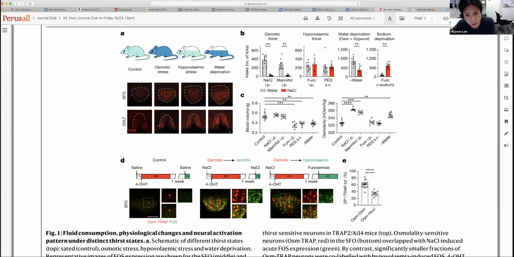I figure that they must have supplied food that has sodium versus food without sodium, because they probably wait a couple hours after furosemide injection to do this. So it's not a sole drug effect. It has to do with the feeding.